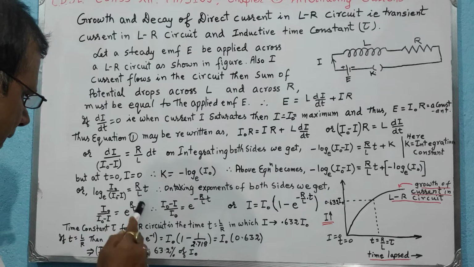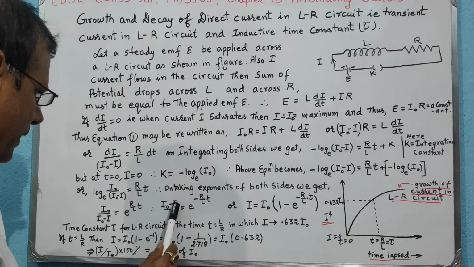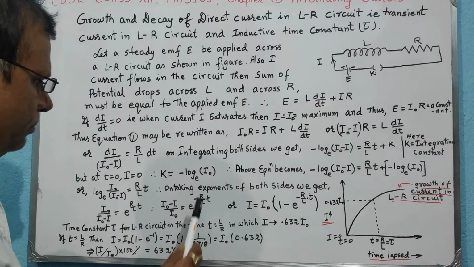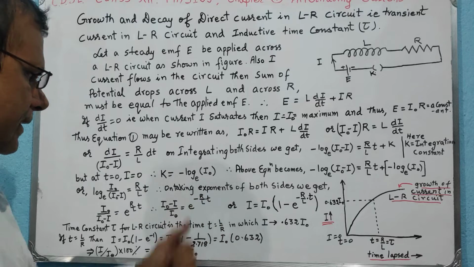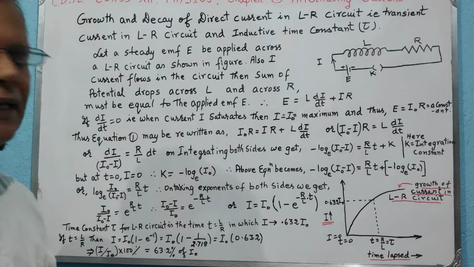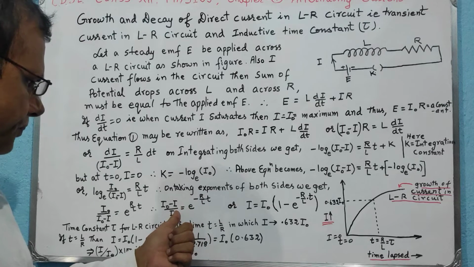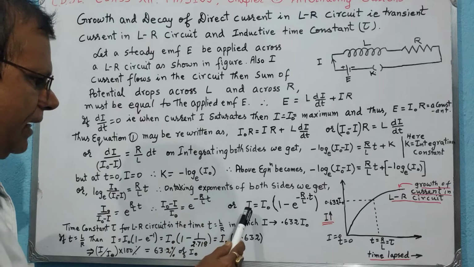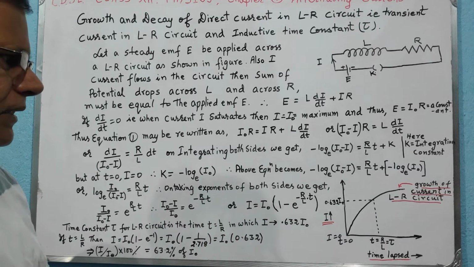Now if you rearrange this, if you invert it, you get I0 minus I by I0 equal to e to the power minus r by L into t, where t is the time lapsed, r is the resistance, and L is the inductance of the coil. Now rearranging this, you have I is equal to I0 into 1 minus e to the power minus r by L into t.